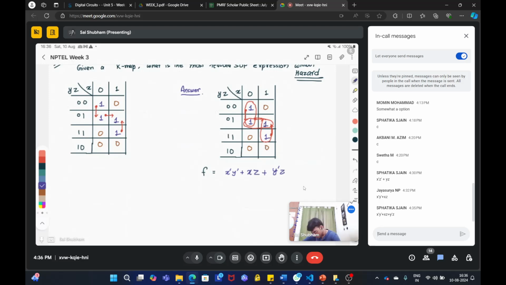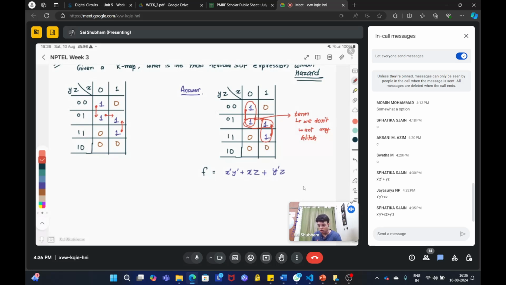The reason behind adding this term is that we don't want any glitch. For very sensitive systems, for example, emergency alarms in industrial plants, you do not want the alarm to go off randomly, right?